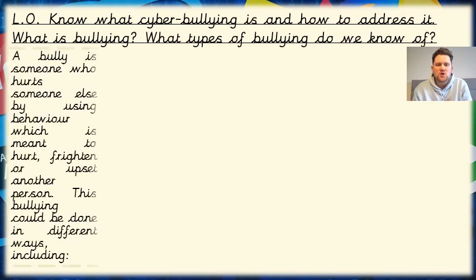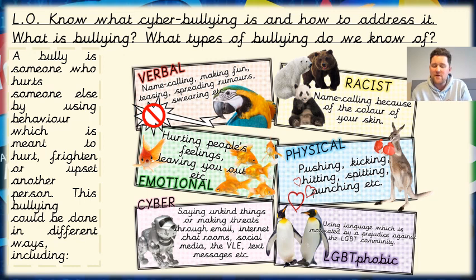Okay, so a bully is somebody who hurts someone else by using behaviour which is meant to hurt, frighten or upset another person. This bullying could be done in different ways, including verbal.